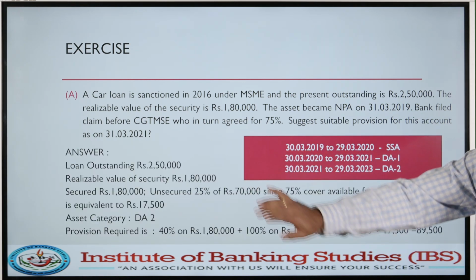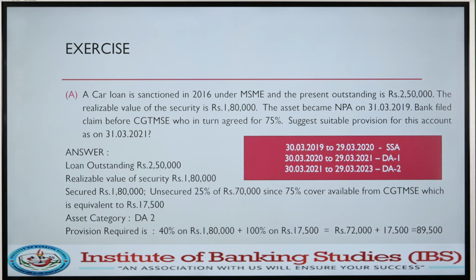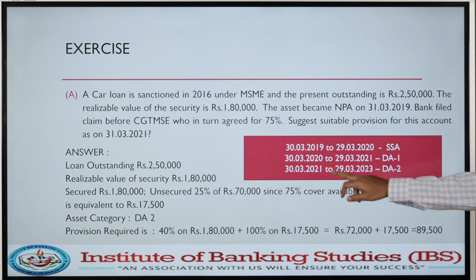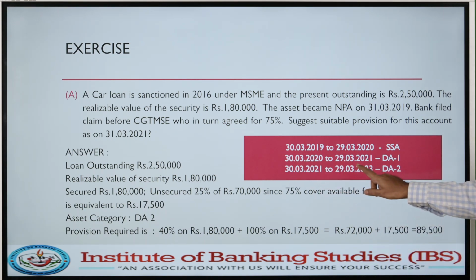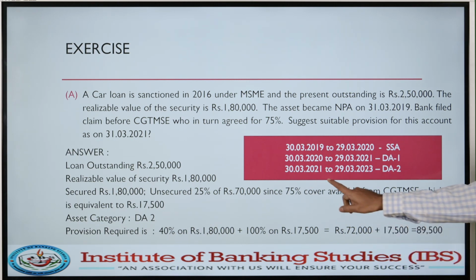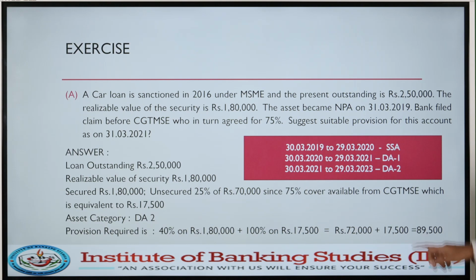If you work this out like the details given in the slide, 30th of March 2019 to 29th of March 2020, the asset is resting in SSA category. 30th of March 2020 to 29th of March 2021, the asset is resting in DA1 category. 30th of March 2021 to 29th of March 2023, the asset is moving to DA2 category.